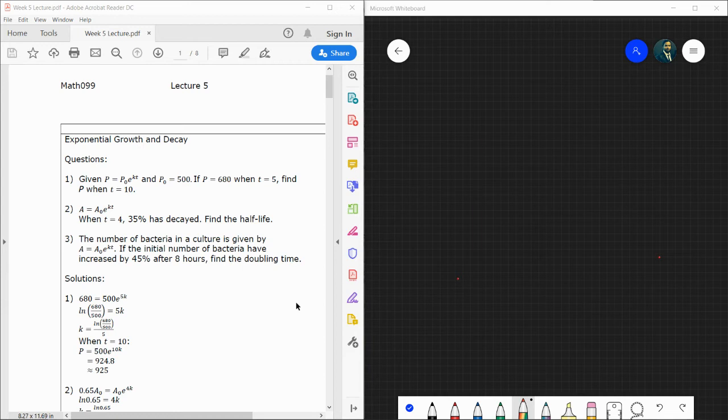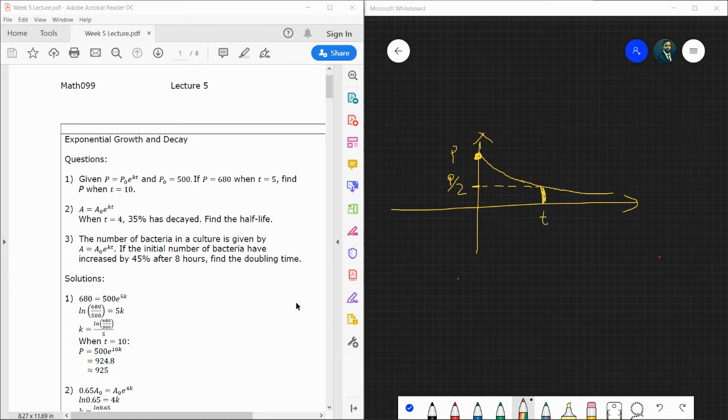Let me show this in a graphical manner. If we have a certain population P, what we mean by half-life is how long it takes for that P to become P over 2. In other words, the exact time it takes.